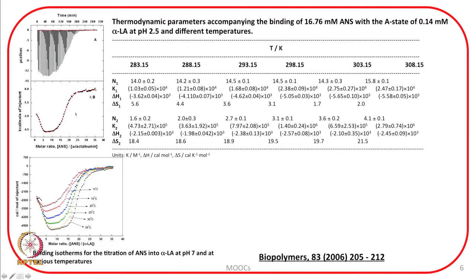As I mentioned here, the data was fitted best by a model with two sets of binding sites. So, you have the values of N1, K1, delta H1, delta S1 associated with one set of binding sites, then N2, K2, delta H2, delta S2 associated with the second set of binding sites, and then you have all these numbers.